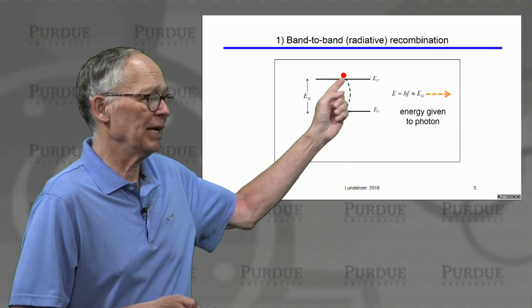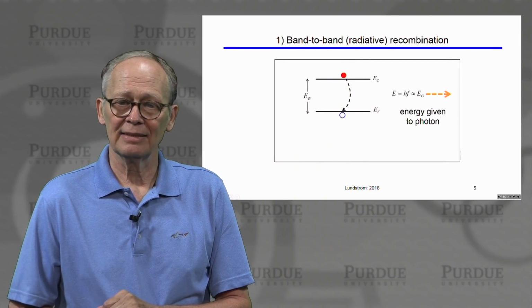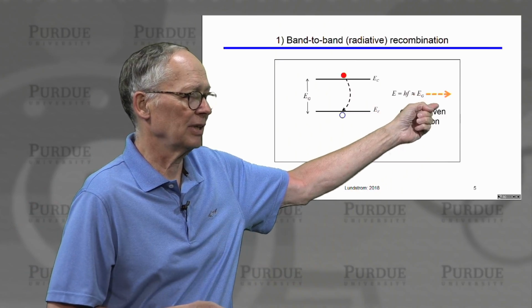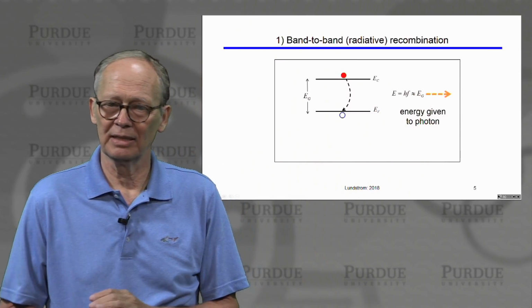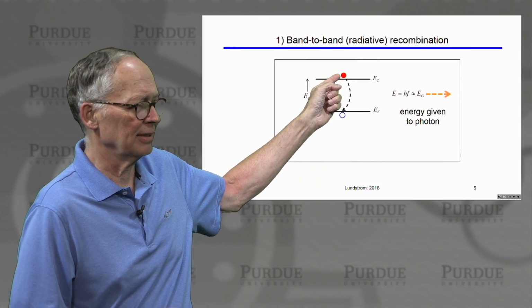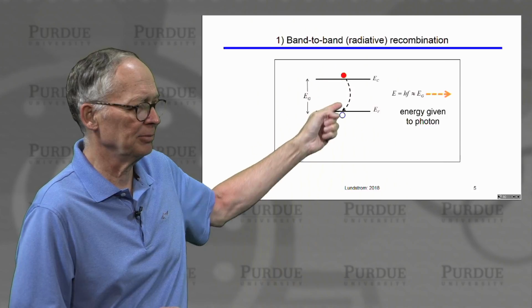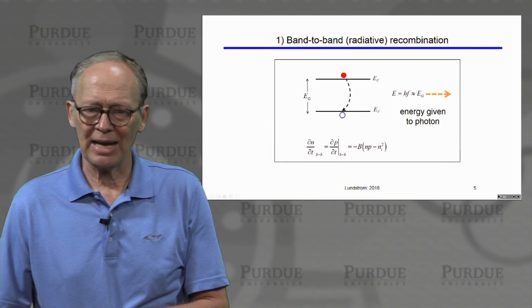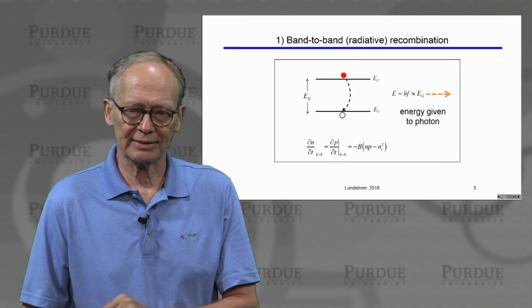In a band-to-band radiative process, the energy that was released is given to a photon. Light is emitted with a wavelength of about the band gap, because electrons in the conduction band are near the bottom of the conduction band, and holes in the valence band are near the top. This is a band-to-band radiative process.